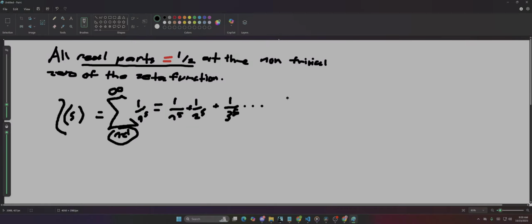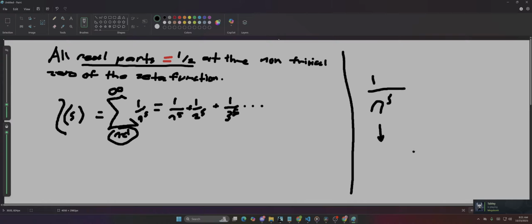Okay, so then there's this other thing. First of all, the implications: 1 over n to the power of s implies that you're taking an exponent of a complex number, and that implies Euler's formula.